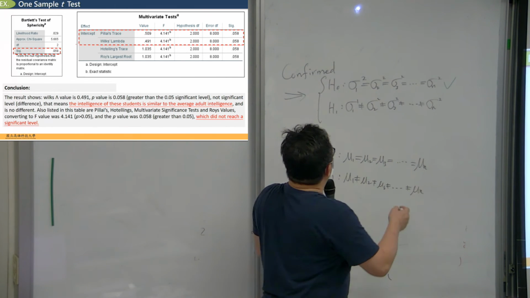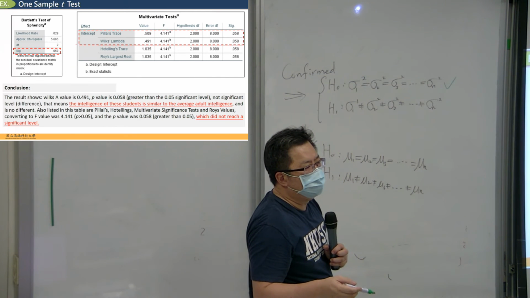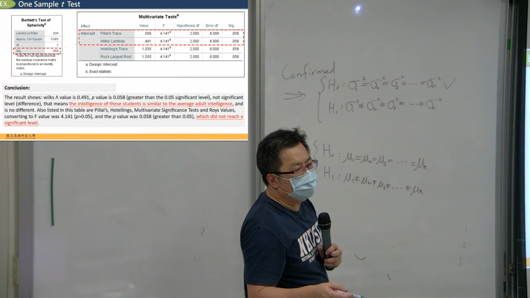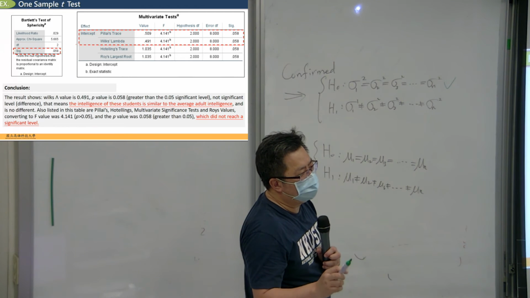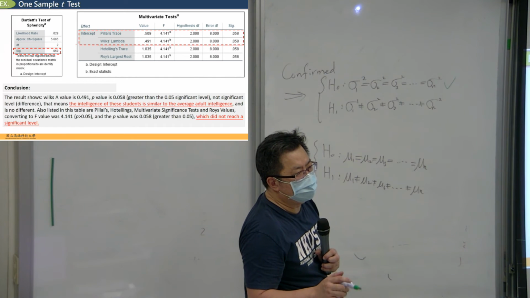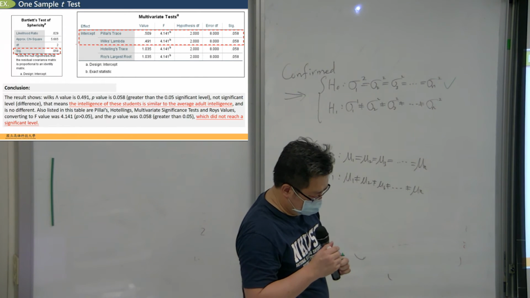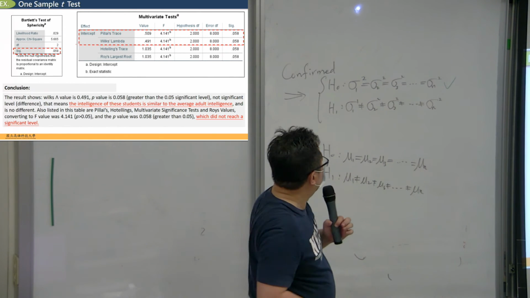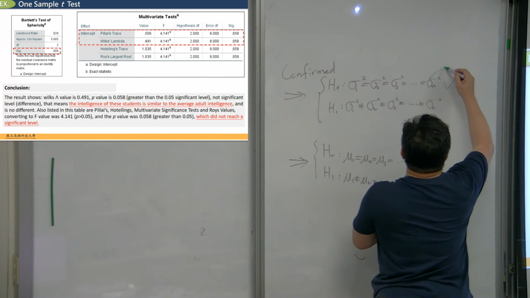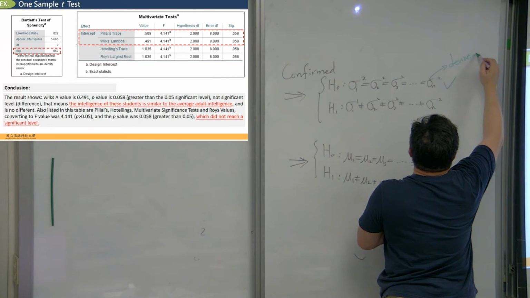If H1 holds, I mean the variance among the population is not equal, oh my God, your data has some problem. Why? Variance is deviation. Variance is error.